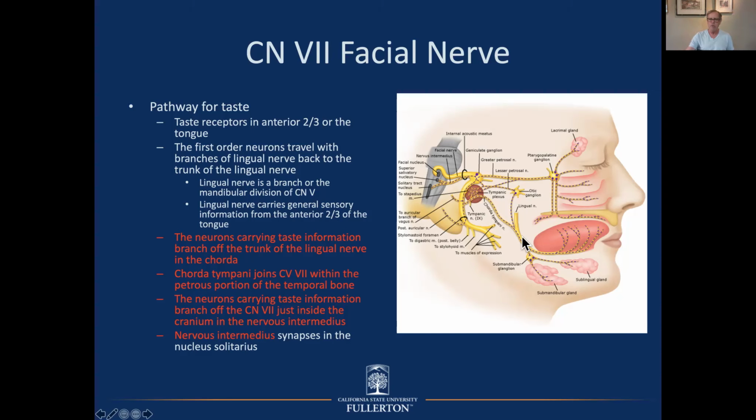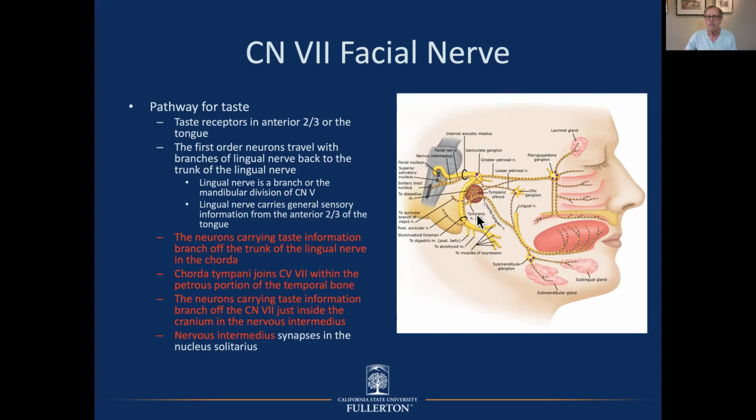But at a certain point, the neurons that are carrying pain and temperature deviate from the lingual nerve and go through this thing called the chorda tympani. It's actually going to run through the middle ear. It's kind of past it, but not exactly through it, but very close to it.